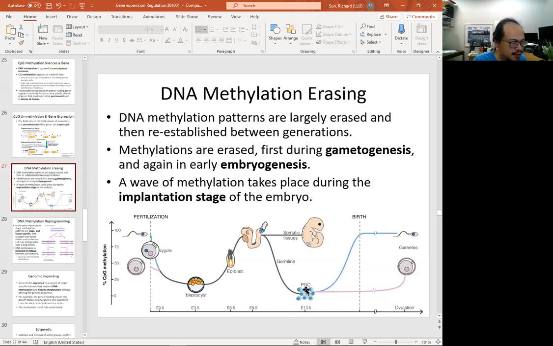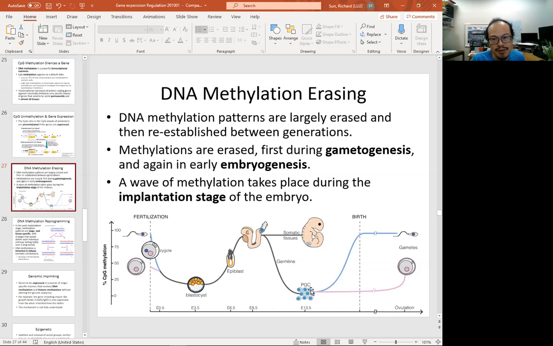This could be the precursor gamete cells, I need to go back and check. But during gametogenesis, the methylation is all erased, because now they are the cells to form the purposed egg cell.